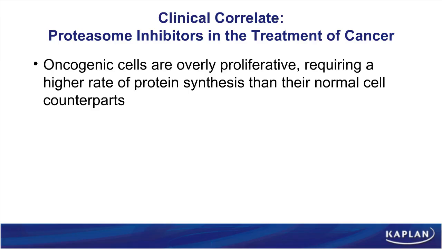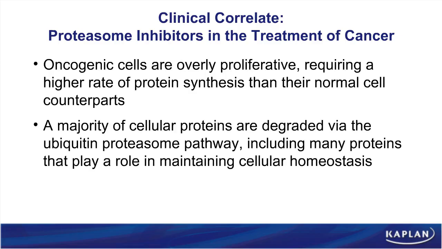We discussed the importance of the proteasome in the endogenous pathway of antigen presentation. So now let's take a look at what happens if we can actually inhibit the function of the proteasome. We wouldn't want to do that normally, but consider that oncogenic cells divide at a pretty high rate. That requires a much higher rate of protein synthesis than most cells.